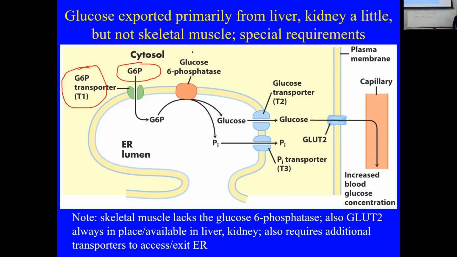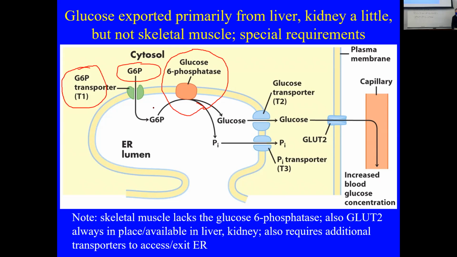There is then the final enzyme necessary to produce glucose, glucose 6-phosphatase, which removes the phosphate.